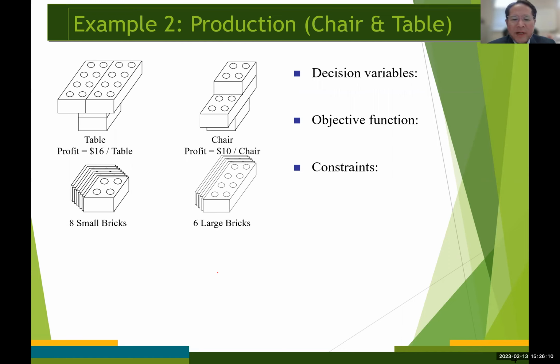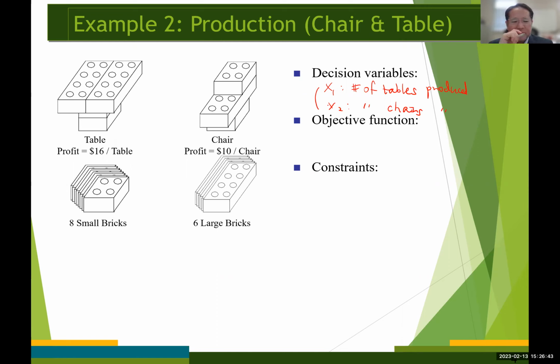So let's define x1 as the number of tables produced, and x2 as the number of chairs produced. That's our decision variable.